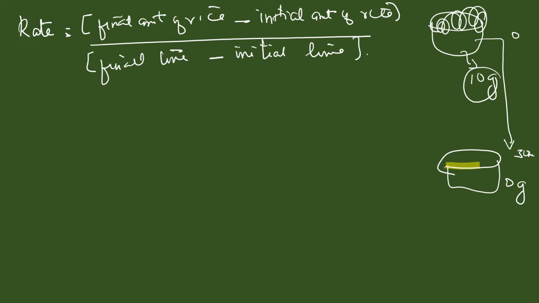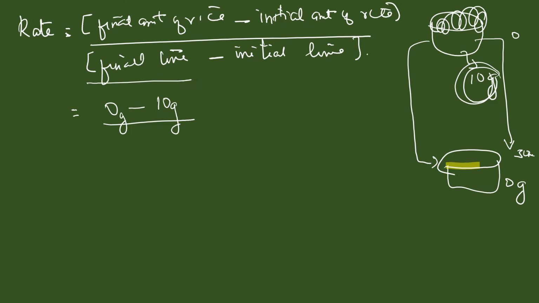So if I want to calculate the rate for this particular event, it is going to be the final amount of rice. What is the final amount of rice? 0, minus the initial amount of rice. Again, let's assume when mommy served without you touching the food, you had 10 grams. So 10 grams, let me just add the units, over the final time you finished eating at 30 minutes, minus the time when the food was given, before you touched it, which was 0 minutes.